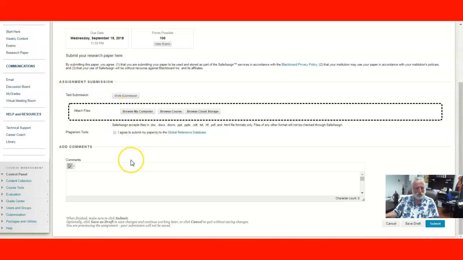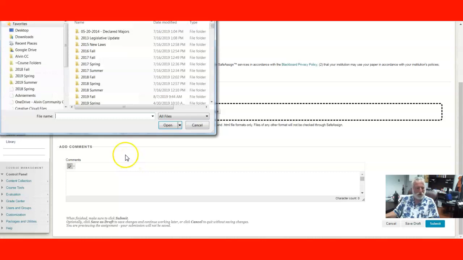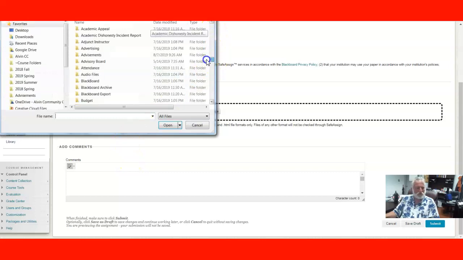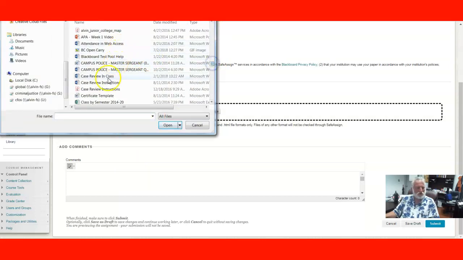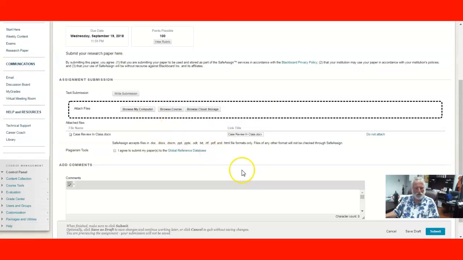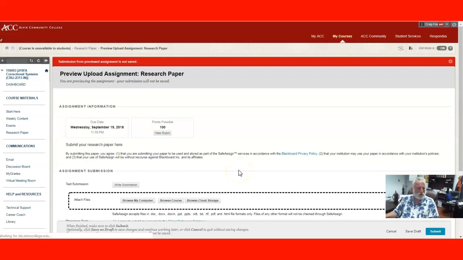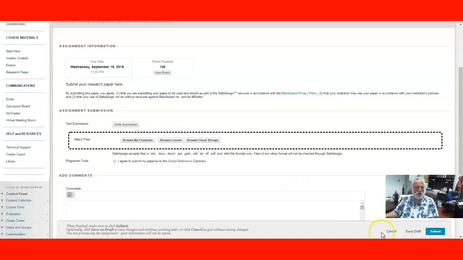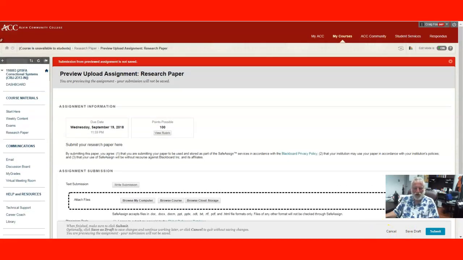If the computer hasn't locked up. It's thinking. We got to wait for it. So you would simply select one of the files and then hit submit down here at the bottom, and it will submit your paper to me. It won't preview because I got the wrong one, but I'll have to cancel that out in a minute. Okay, so that is how you will do your submission.